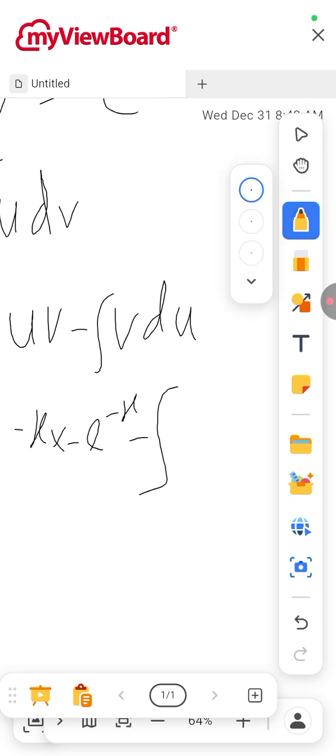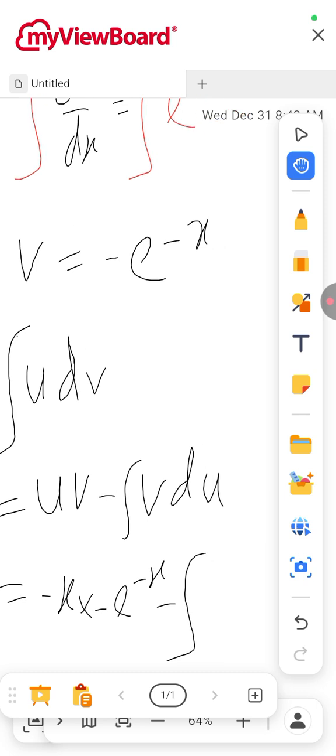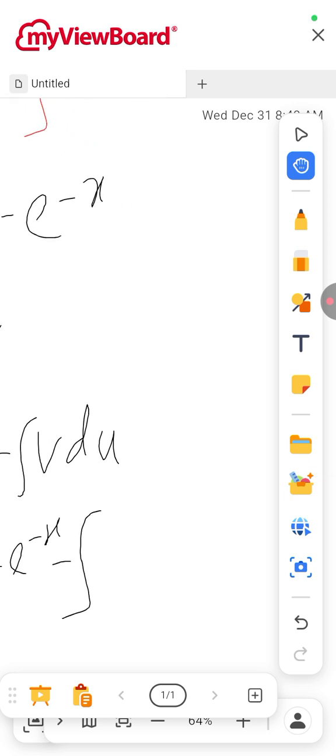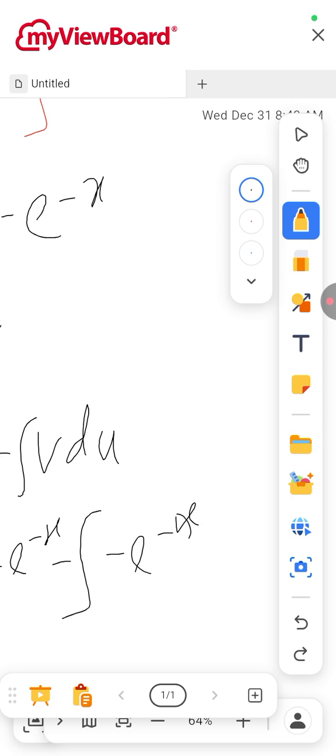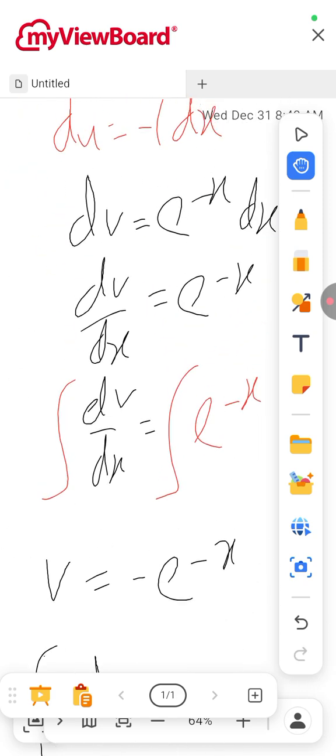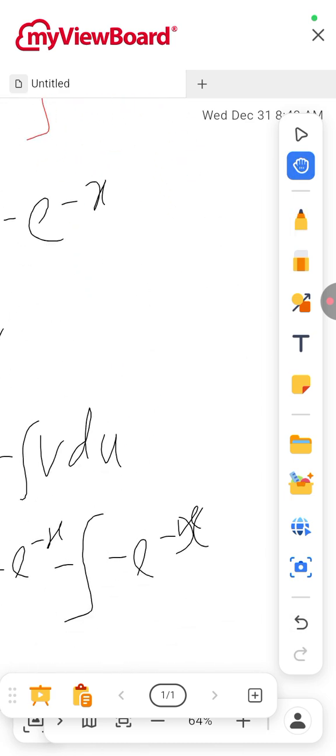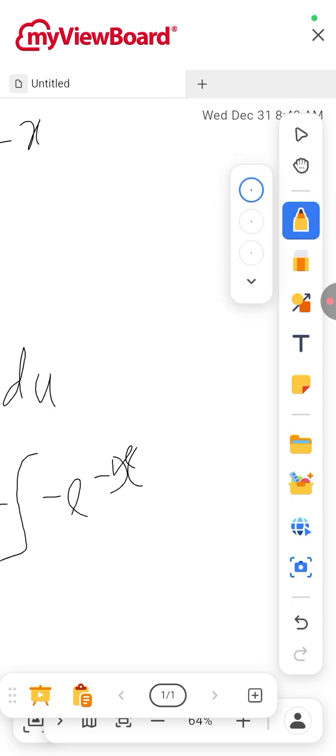So that's my uv. So uv minus integration of v, this is my v here. So that's minus integration of minus e raised power minus x times du. What's our du? We got the du first up here. du is minus 1 dx. So times minus 1 dx.